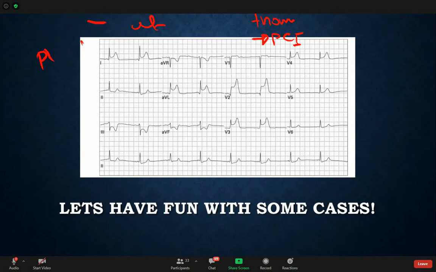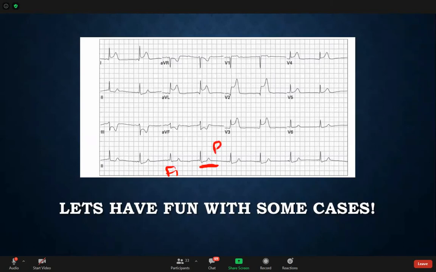Doctor, sorry, there's something you haven't mentioned yet. In lead 2, I think we have a first degree heart block, because after the P wave there is a fixed prolonged duration. Explain first degree heart block to me. First degree AV block is your PR interval.